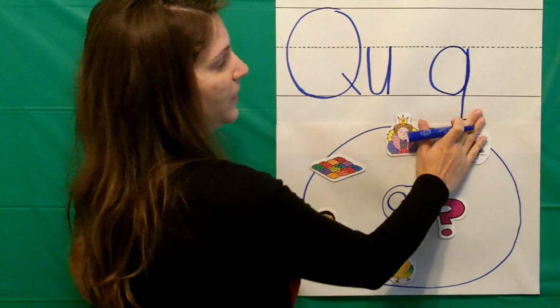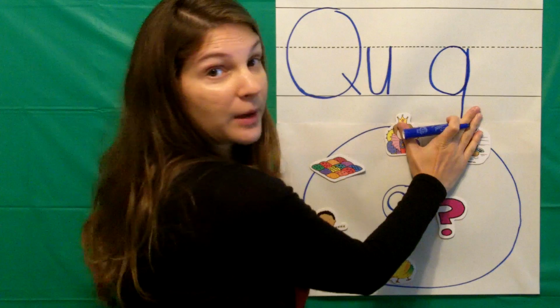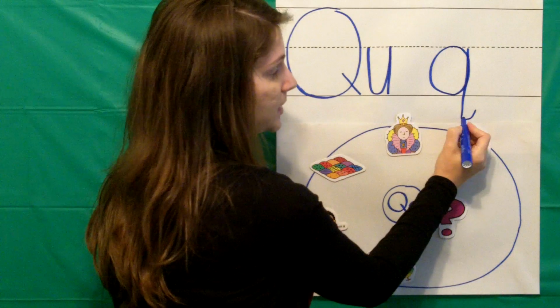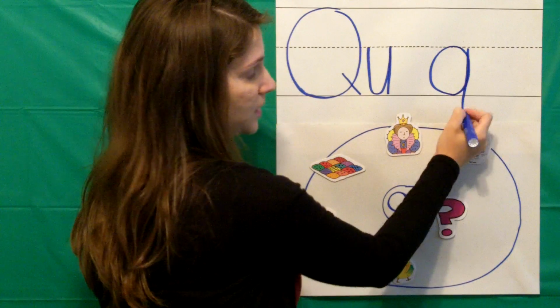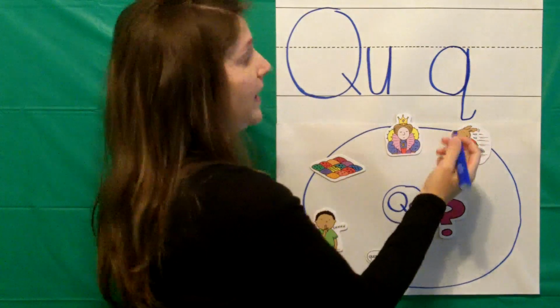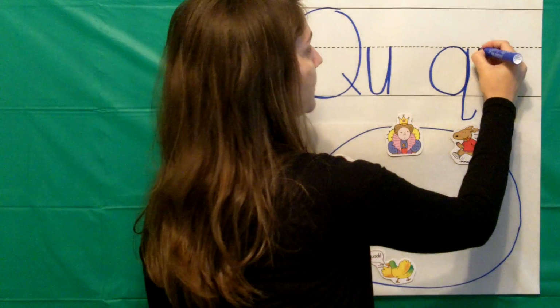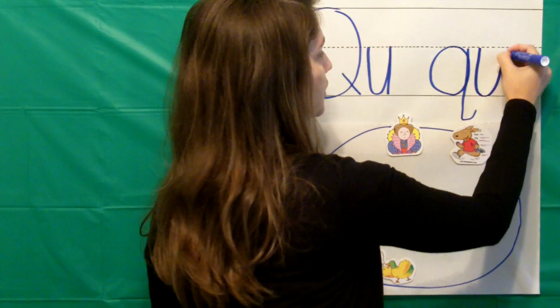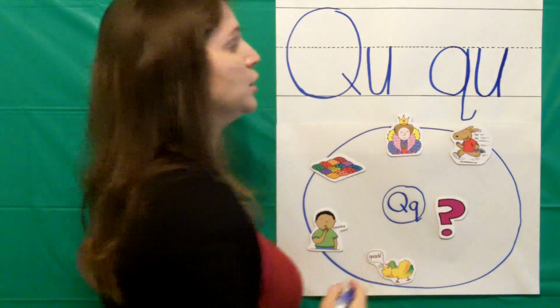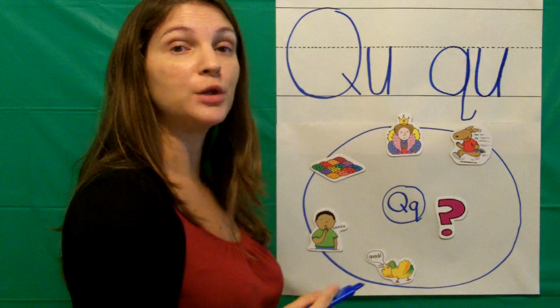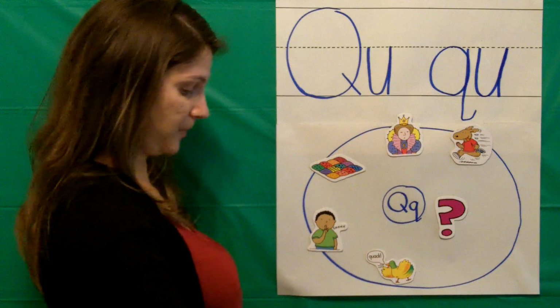Sometimes you might see it without this. I've seen Q printed without this line, and sometimes you might see it going straight up, or just a little bit of a curl like that. Okay, and now I'm going to print the U next to the Q. Letter U, because Q and U are best friends, and you will always find them together.